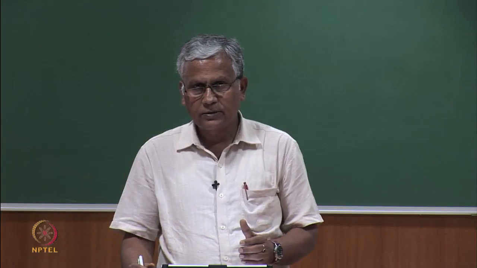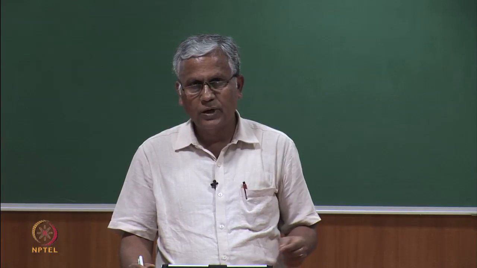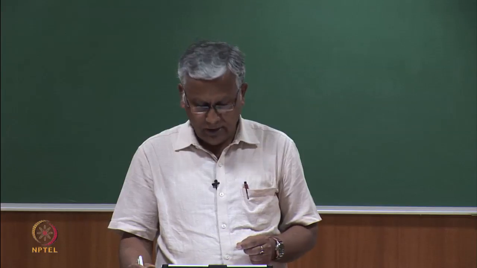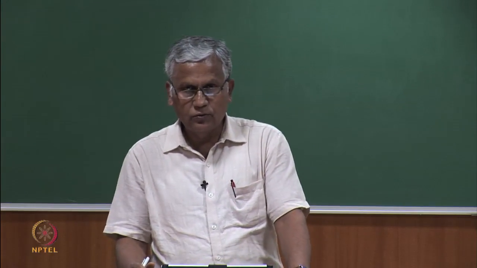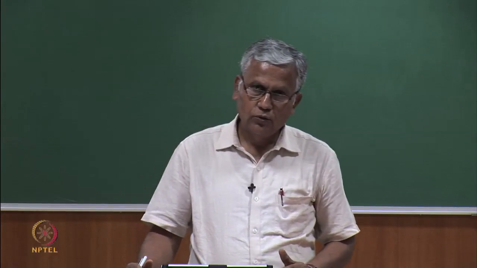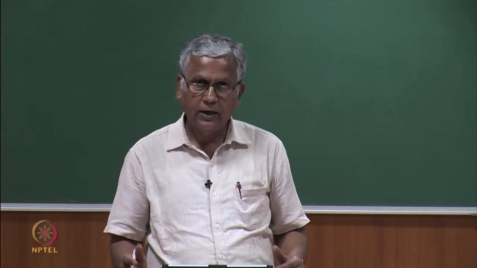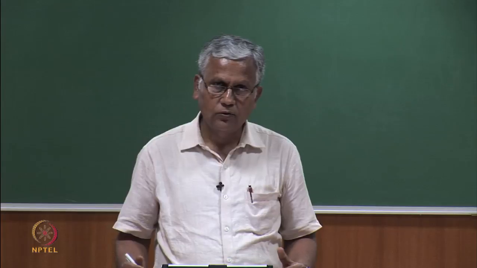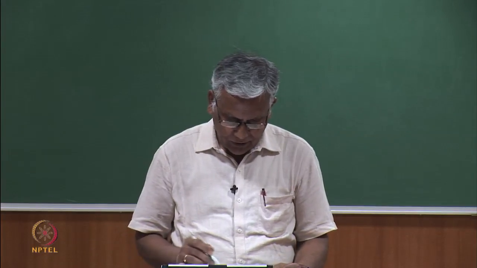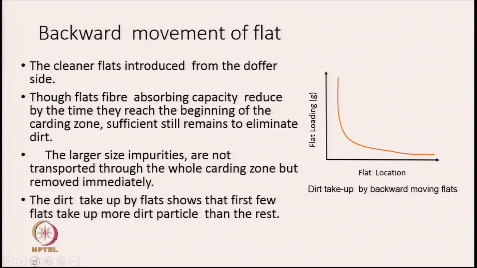These trash particles, once they get lodged into the flat, will be moving out from the carding zone in this case, and therefore, these bigger size particles will not have the opportunity to move throughout the carding zone, and therefore, possibilities of getting crushed will be less and less. These are the advantages of the backward movement.